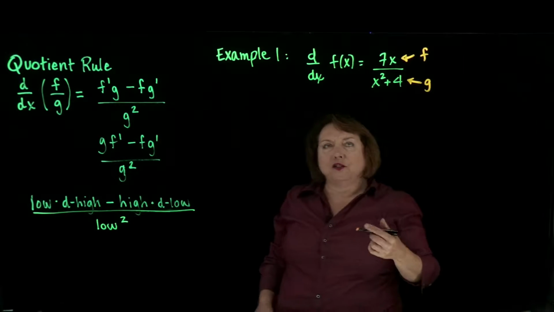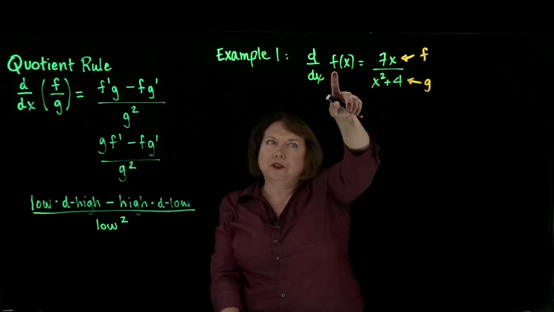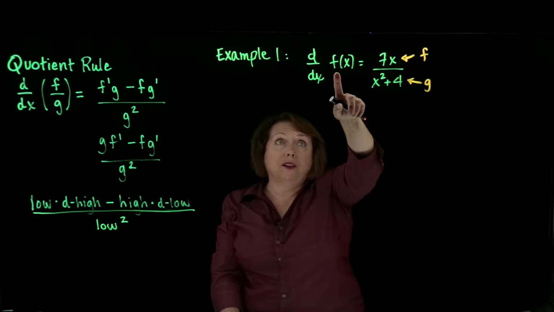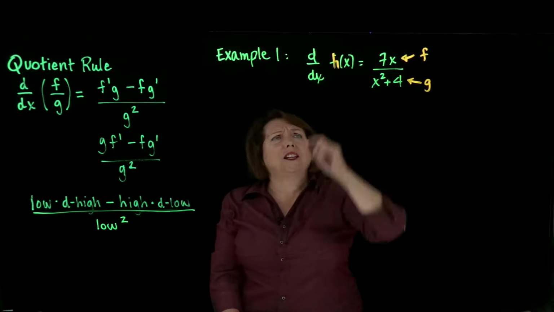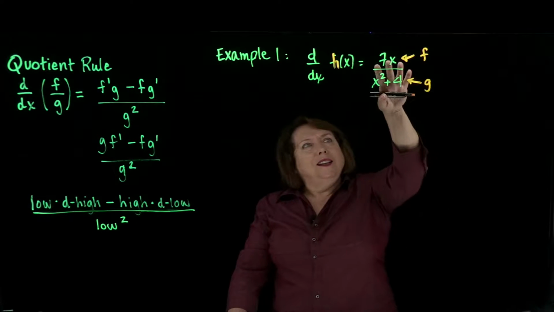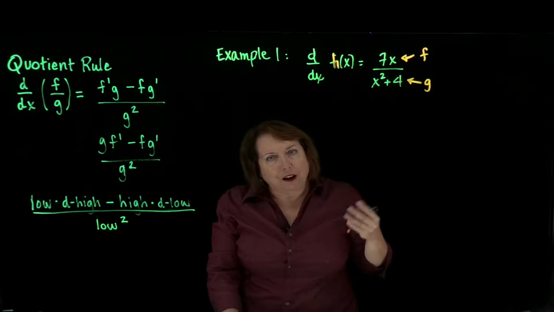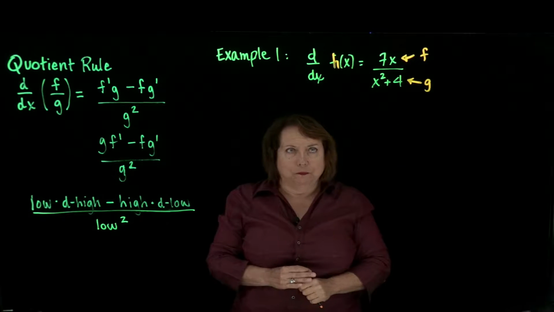F is our higher function, g is our lower function. Try not to get confused or concerned that this function is also called f. We can call it something else. For simplicity, let's call it h of x. That way there's no confusion. You can notice this is a quotient of polynomials, and that's why, again, we have to use the quotient rule.